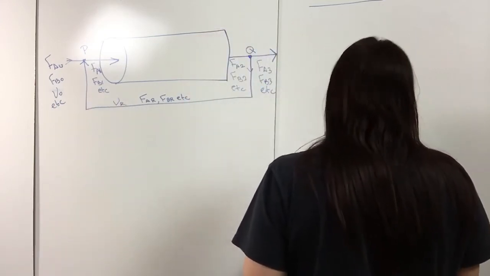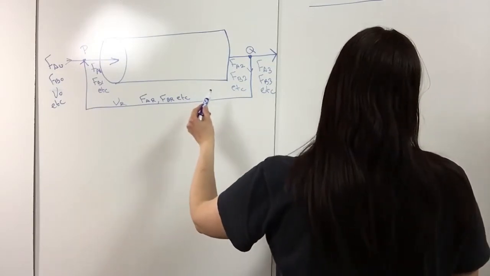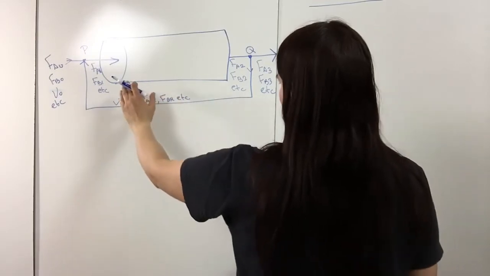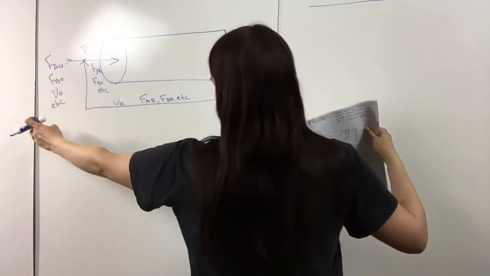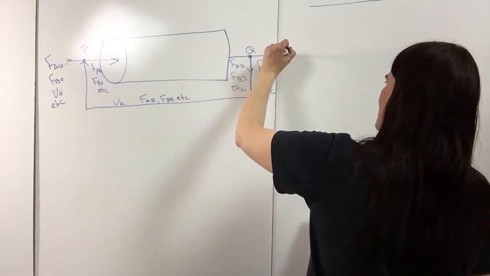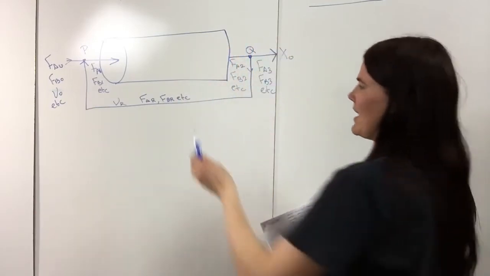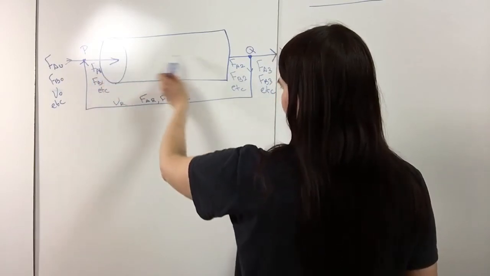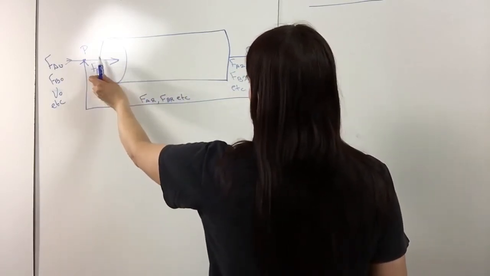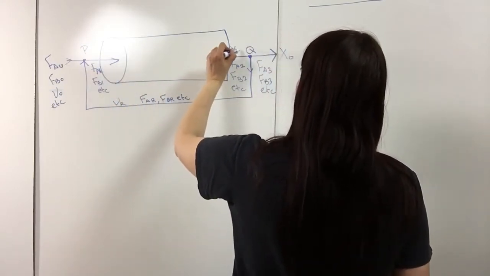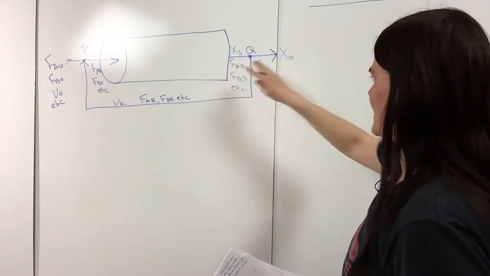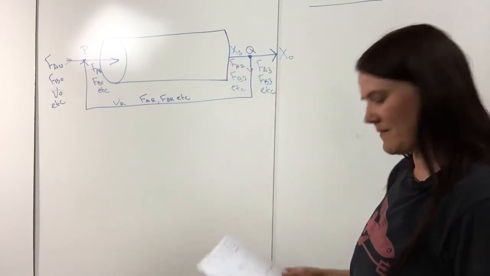You'll also have two different conversions. You'll have the overall conversion, which takes into account everything, and that's X naught. But then you also have a conversion for just from basically here to here, and I'm going to call that XS. I'll get to XS and X naught a little more in a minute.